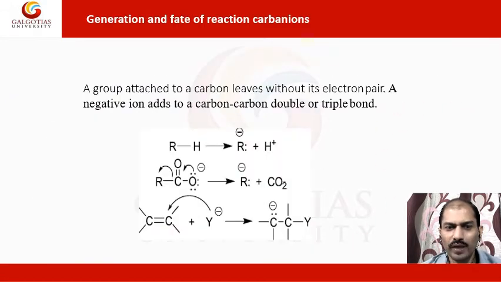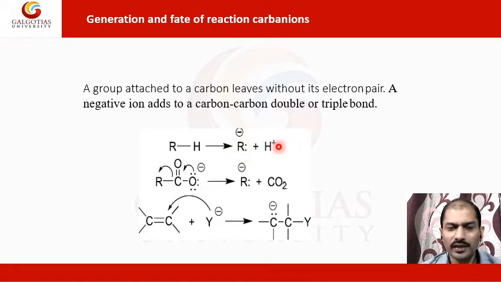They can also be generated by different reactions, like by replacing the hydrogen from the hydrocarbon, because this is the hydrocarbon chain R, and this can be generated from there also. A group attached to the carbon leaves without its electron pair, because here hydrogen is removed, leaving its electrons on this carbon.